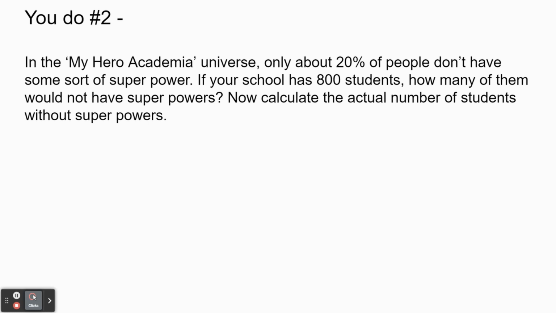The only difference here is now you are actually calculating the number of students without superpowers. So use the checklist that we made in the previous part to help you do so. And I want you to write down, was your prediction accurate? Was it completely off? Was it kind of there? I also want you to think about how close your prediction was. Pause the video and do this now.